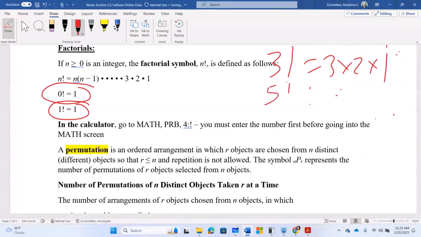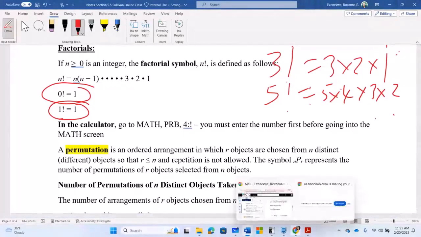5 factorial is the same as 5 times 4 times 3 times 2 times 1. We can use a calculator and evaluate them. What is 0 factorial? What is 1 factorial?